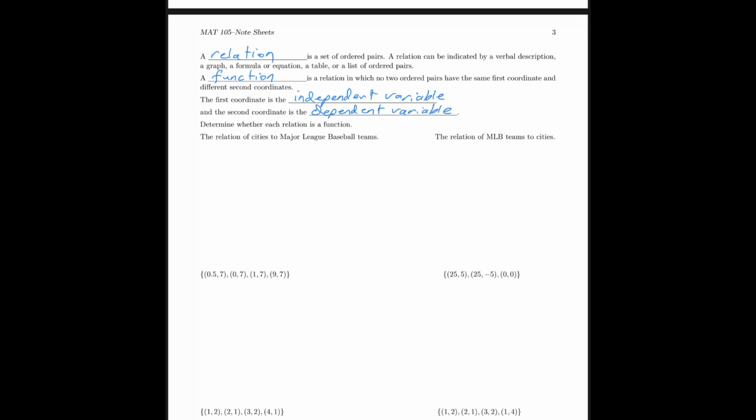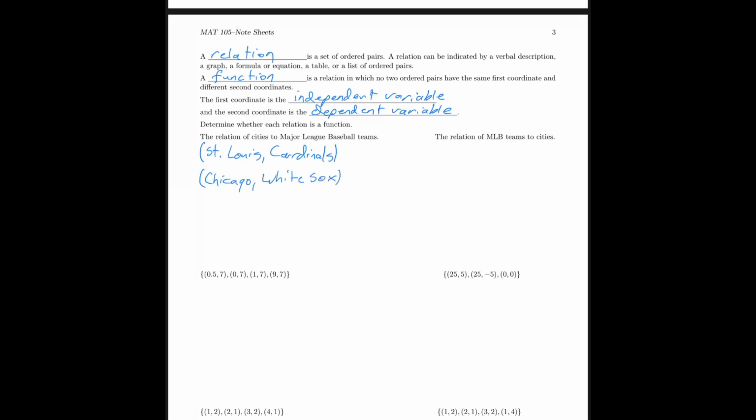So to do one example of this ordered pair idea with something that's not numbers yet, let's talk about baseball teams. So the relation is cities to Major League Baseball teams. So a few examples, we can start out with the best baseball team, which is the St. Louis Cardinals. So St. Louis paired up with Cardinals. And then we can talk about some local teams. So we've got the Chicago White Sox.